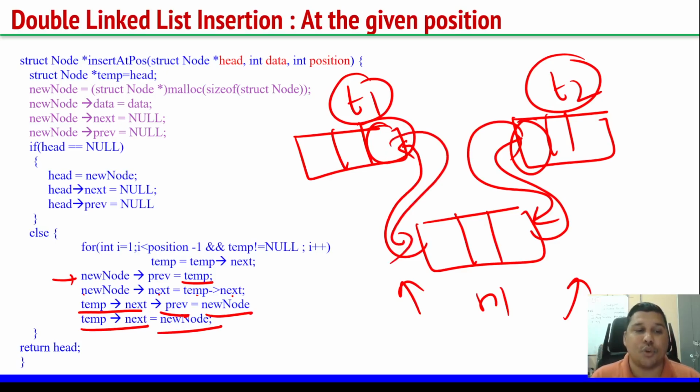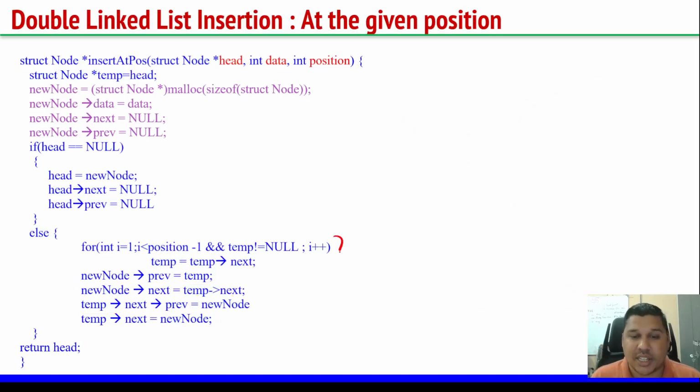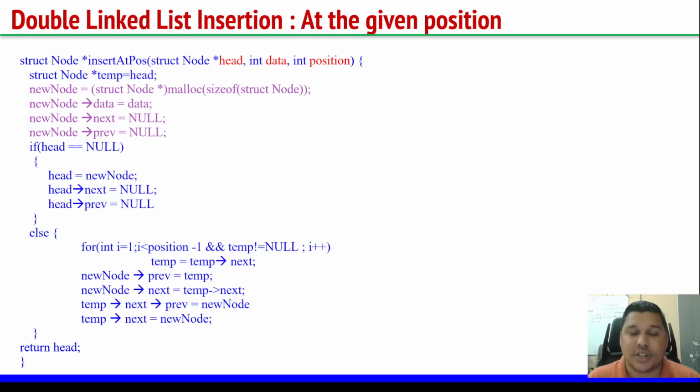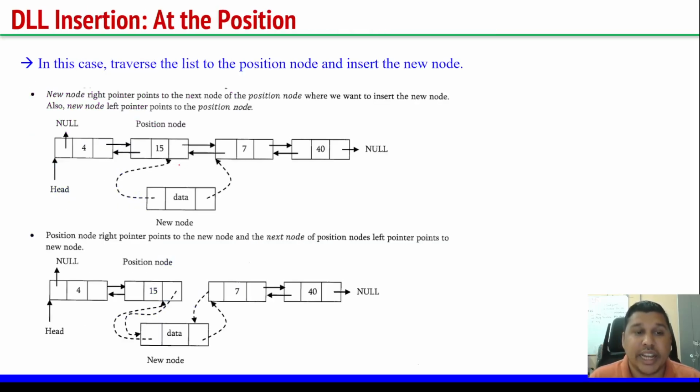So with these four statements, after traversing using these two lines, we are able to establish the connection for inserting an element at any given position in a double linked list. Okay, so what we are trying to do here, if we summarize, is link the next and previous pointers to this new node in a sequence such that we don't lose control.